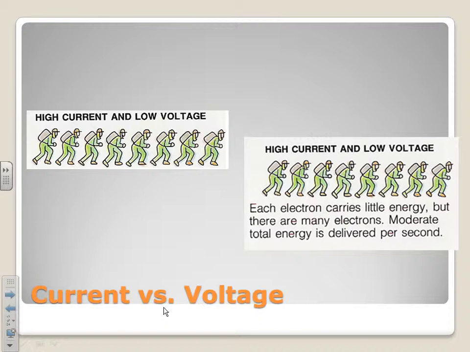They would produce a different current, right? This C battery, how much current is it going to produce? More than these, right? They all produce electrons that have the same energy.